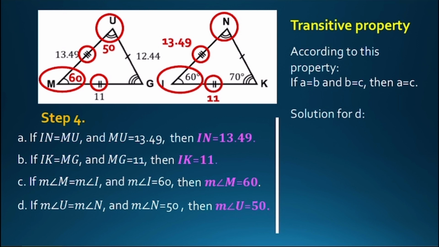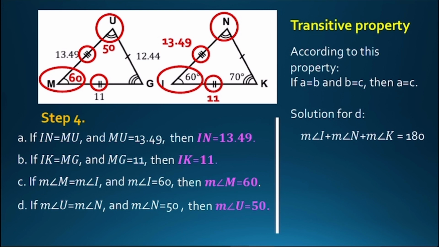For our solution for letter D, the degree measure of angle I plus the degree measure of angle N plus the degree measure of angle K is equal to 180, since the sum of the interior angles of a triangle is always 180 degrees.